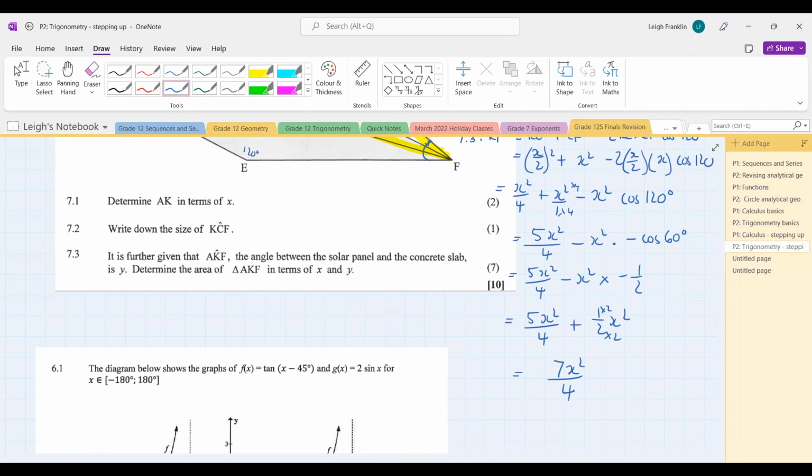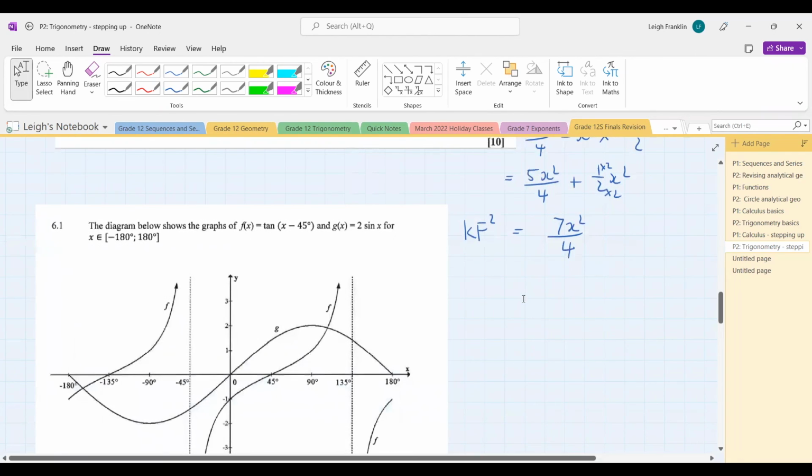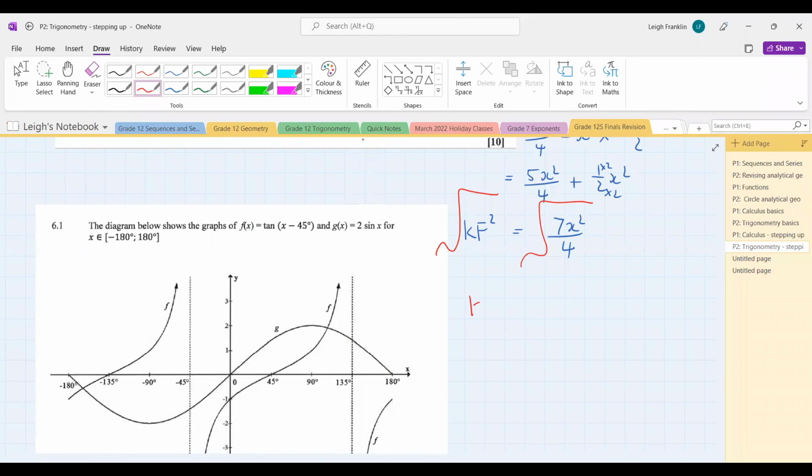Okay, remember this is KF squared. So now when we want to take the square root on both sides, we're going to end up with KF being equal to root 7x over 2.